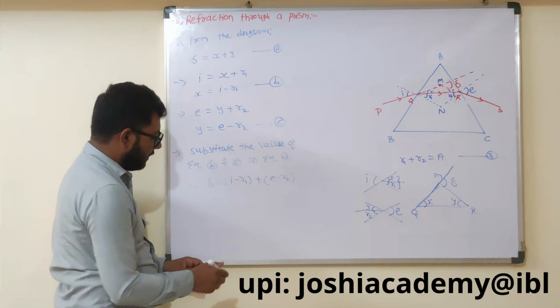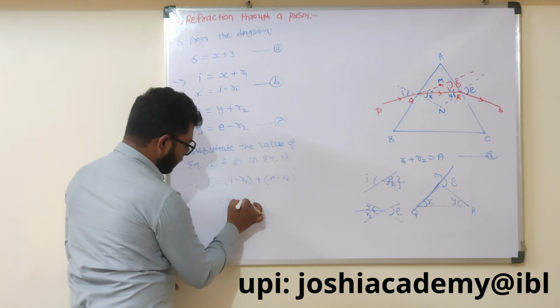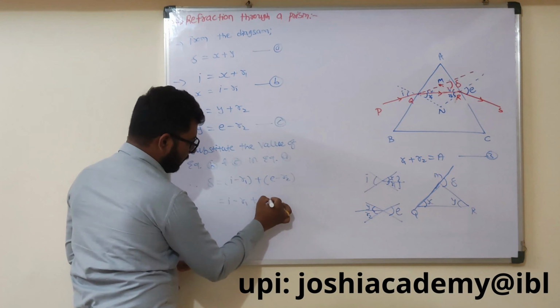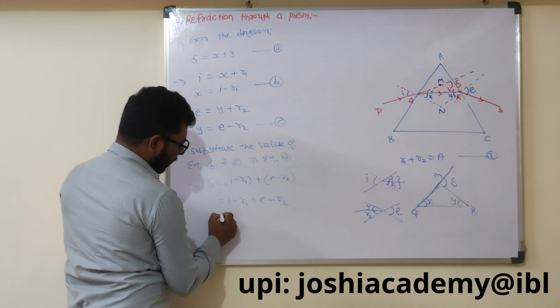Let us open the brackets and it will be I minus r1 plus E plus minus minus r2.